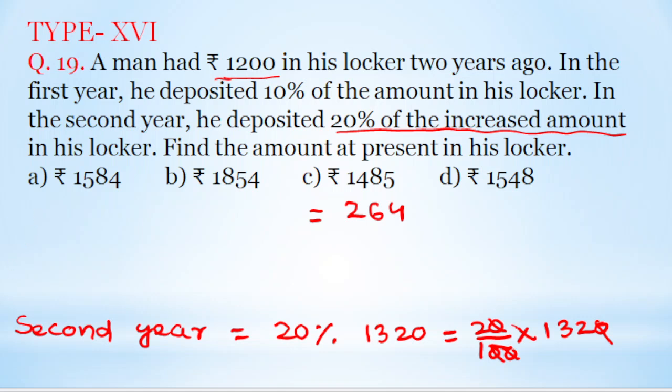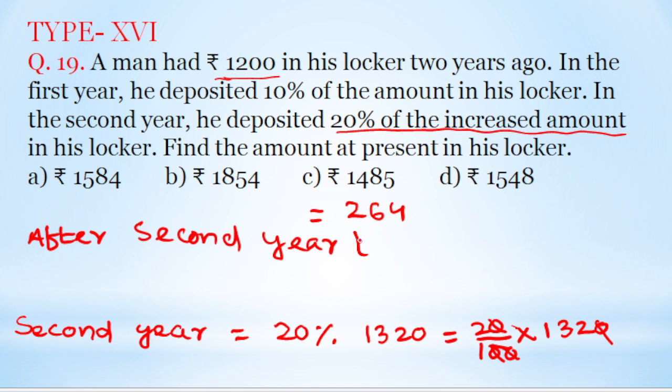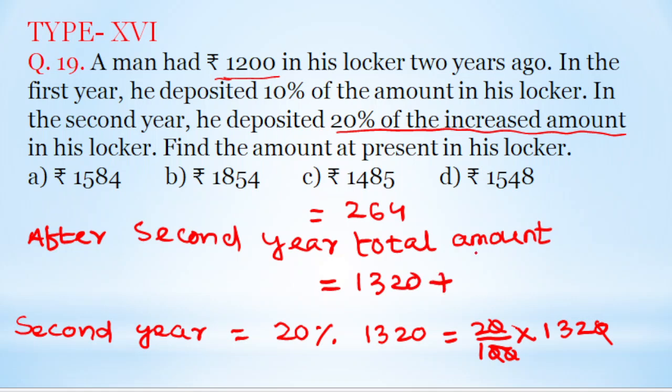Then find the amount at present in his locker. That means the total amount after second year is equal to 1320 plus 264.